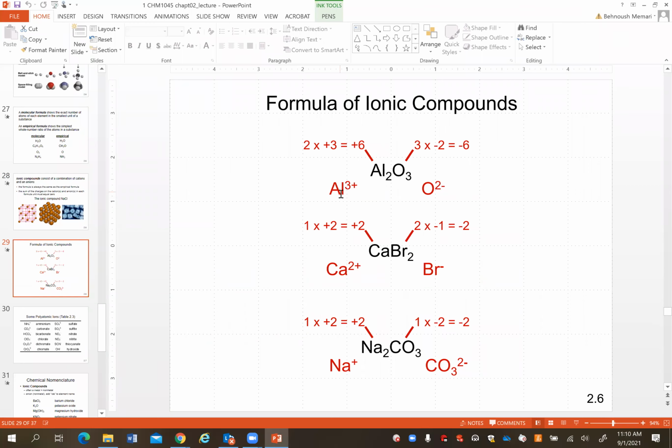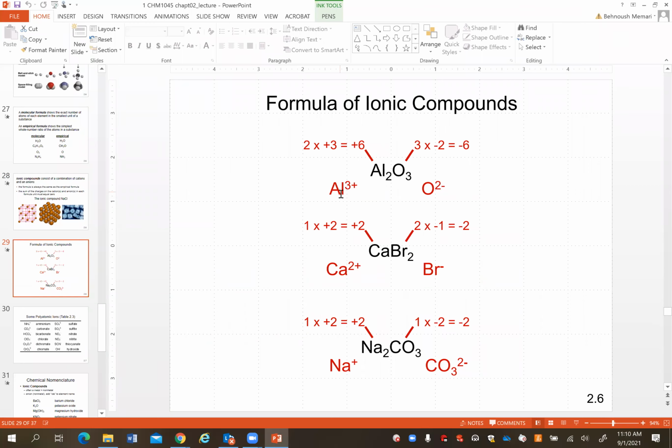Now, in order for aluminum to be stable, it must have either 10 electrons or 18 electrons. Which one is achievable? Which is easier, losing 3 electrons or gaining 5 electrons? Losing 3, whichever is less. So losing 3 electrons is easier.